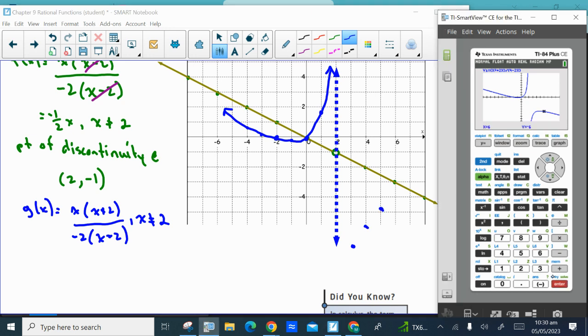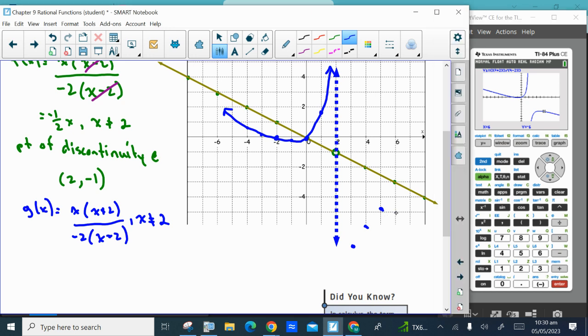Let x equal 6, it's -6. Approximately right there. And so again, this gives us some points to graph. And it's going to go something like that.